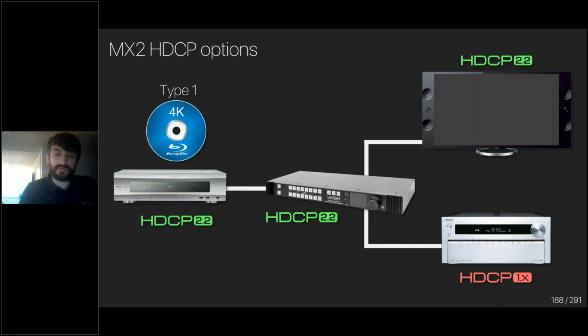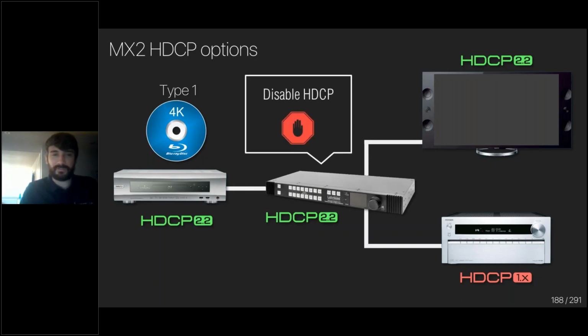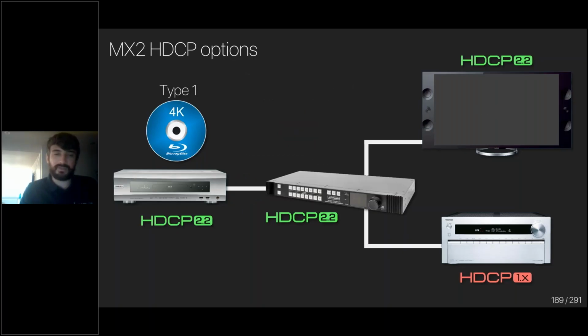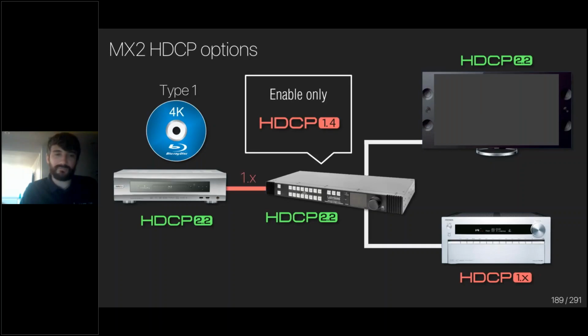So we can look at the different solutions by looking at the different HDCP modes we have with the MX2 matrix. The first one is disabling HDCP, which I kind of talked about before. In this case, because we're using a Blu-ray and it's definitely protected content, you're not going to get anything sent over. The other option is enabling just HDCP 1.4.